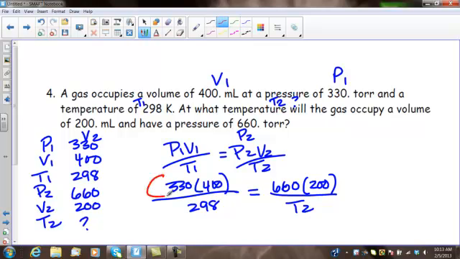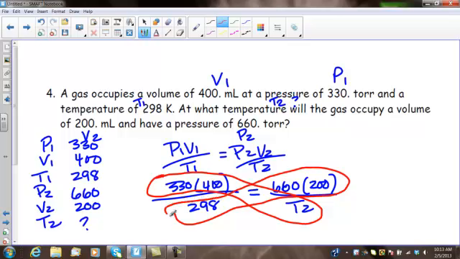Cross multiply and divide. So I wind up having parenthesis 298 times 660 times 200 end parenthesis divided by parenthesis 330 times 400. And I get an answer of T2 equaling 270.9 Kelvin, which is approximately 271 Kelvin.